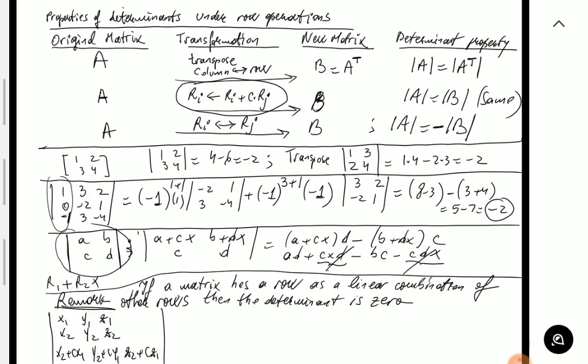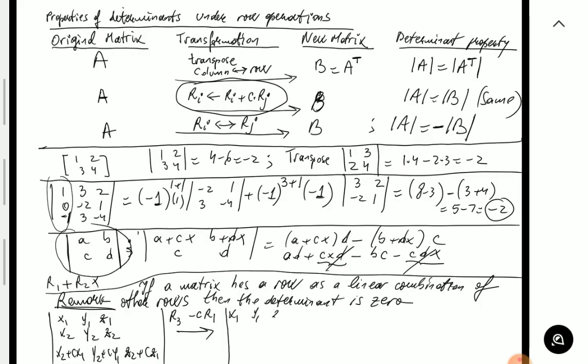Now, if I undo this combination, so let's say in this matrix I do row 3 minus c times row 1, I know that the determinant doesn't change based on the properties I mentioned before.